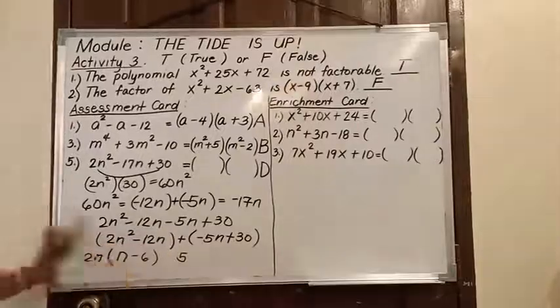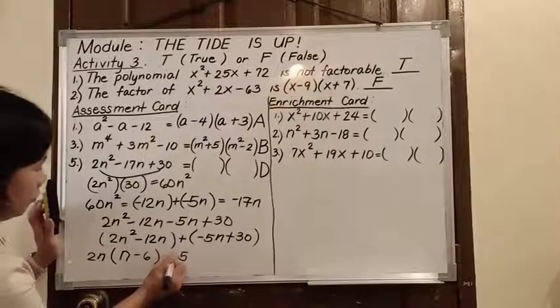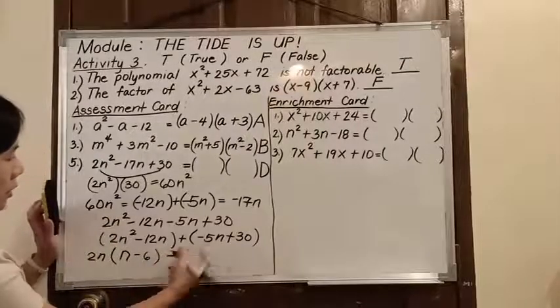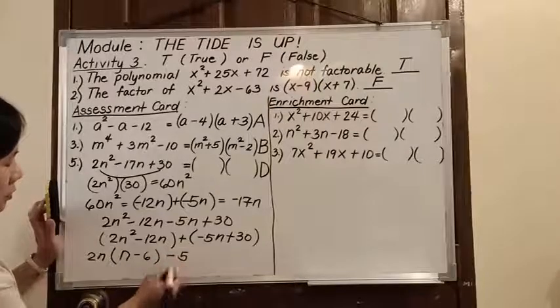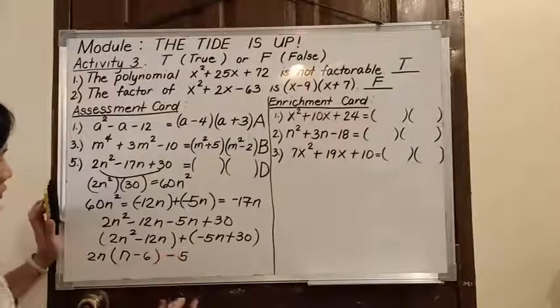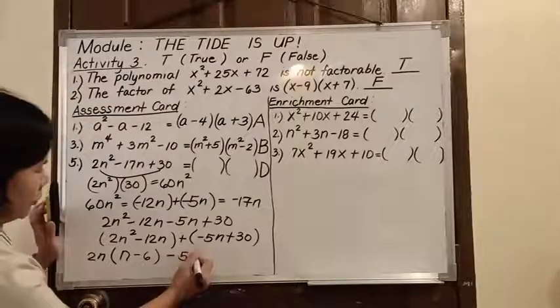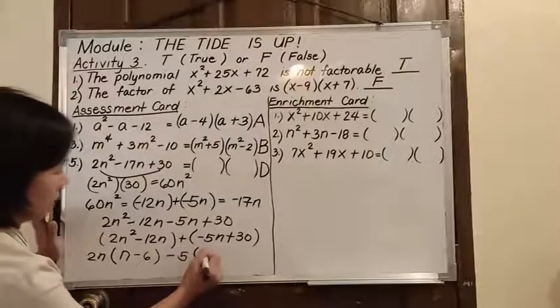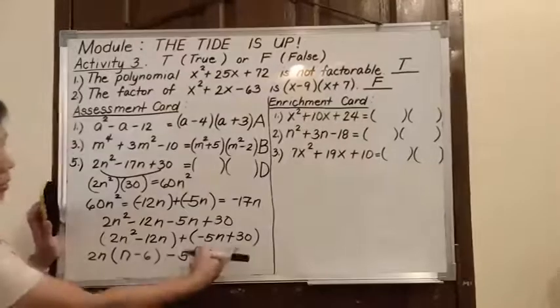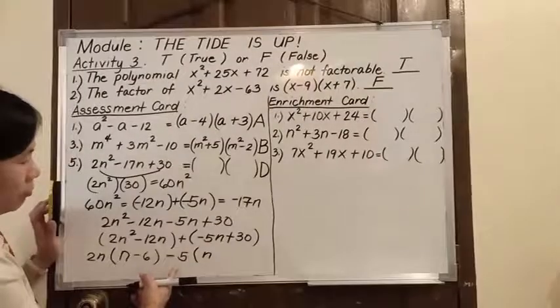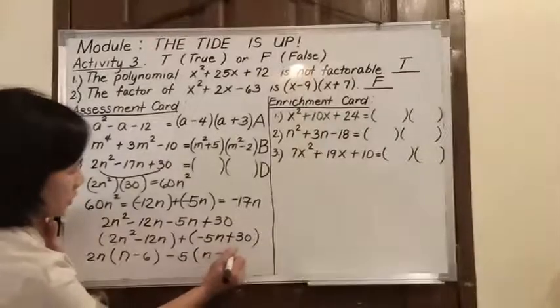Pwedeng negative 5. Para mag-positive yung n natin din. So, therefore, we have negative 5n divided by negative 5 is positive n. And then positive 30 divided by negative 5, we have negative 6.